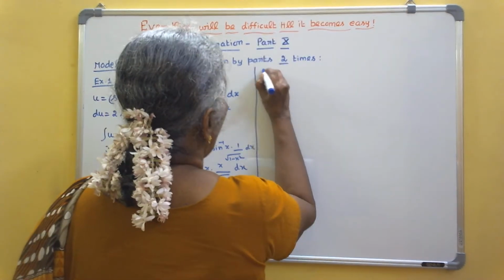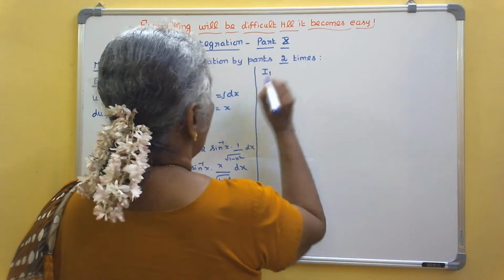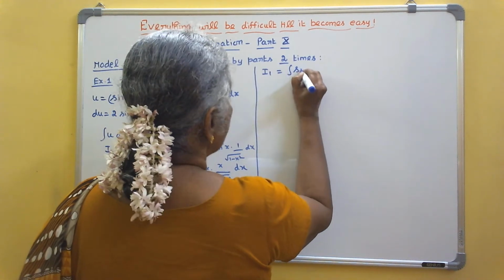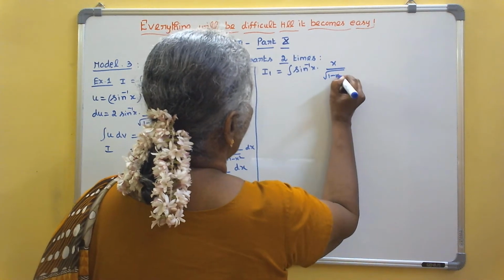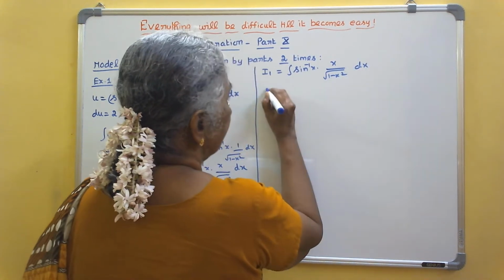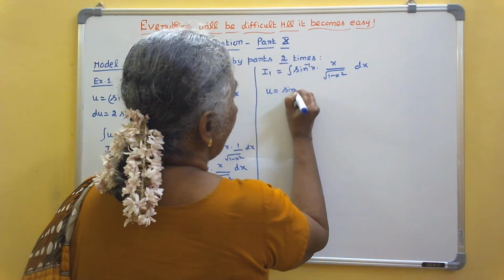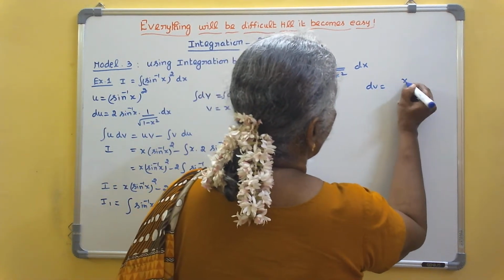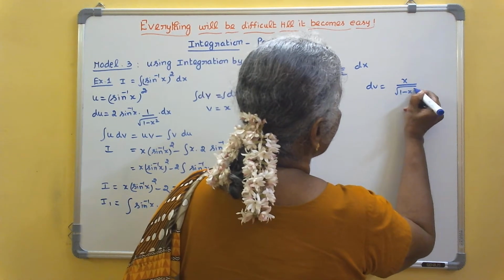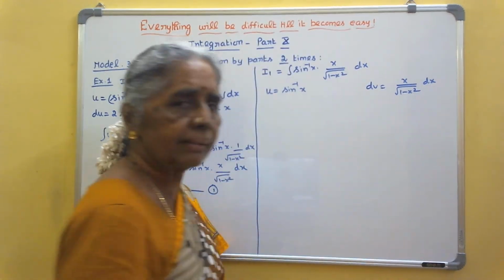So now I1, okay, I will write again here sine inverse x into x by root of 1 minus x squared dx. Now u is sine inverse x and dv will be x by root of 1 minus x squared dx, right?